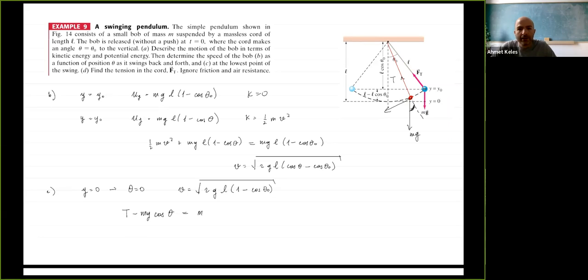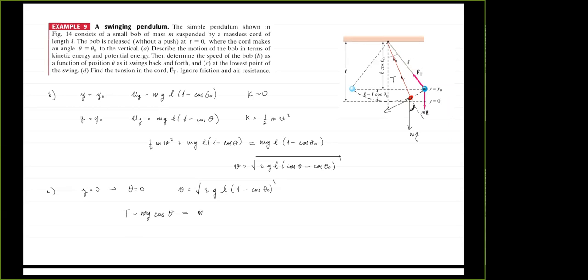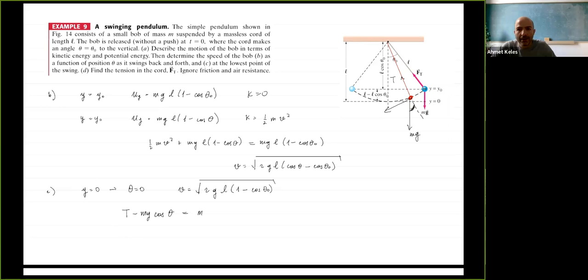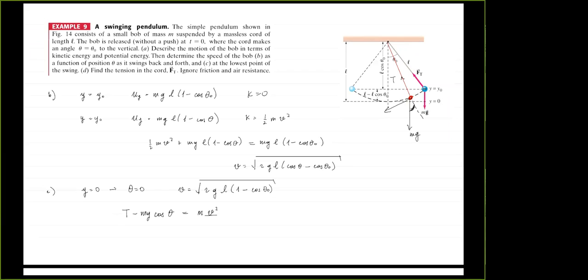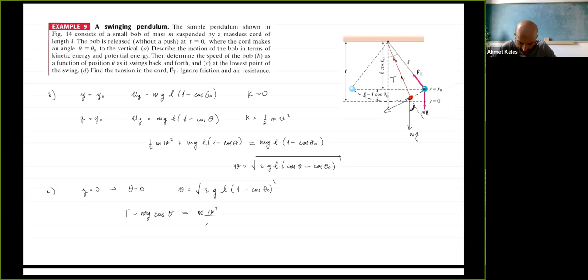The mv squared over r, isn't that? Yes, mv squared over r. R in this case, which is L, right? So this is a perfect circular motion. Then, okay, this is the net force towards the center. This is the net centripetal force. And total centripetal force should be equal to mv squared over r in circular motion.